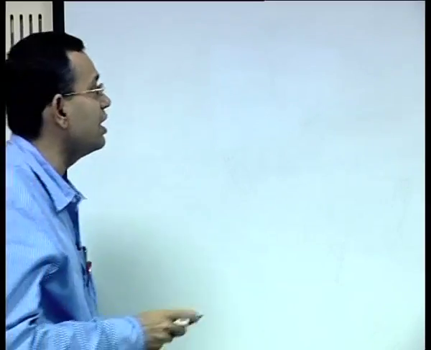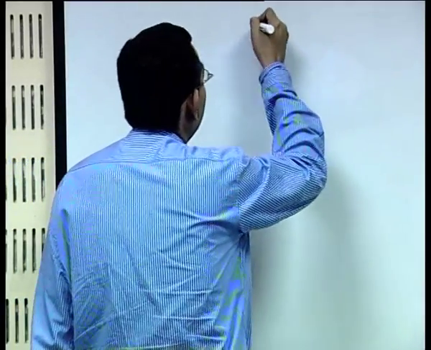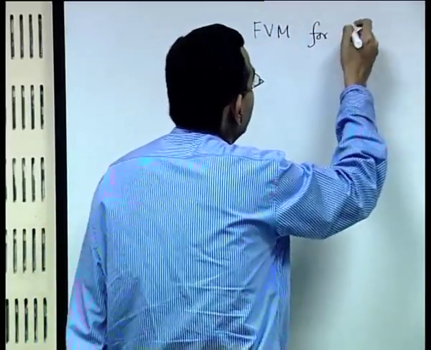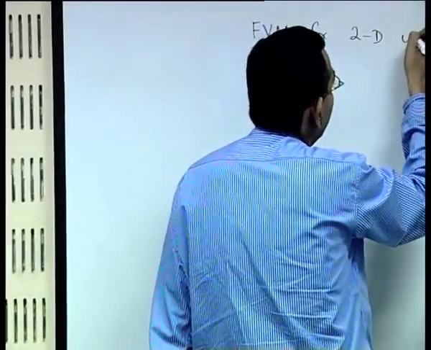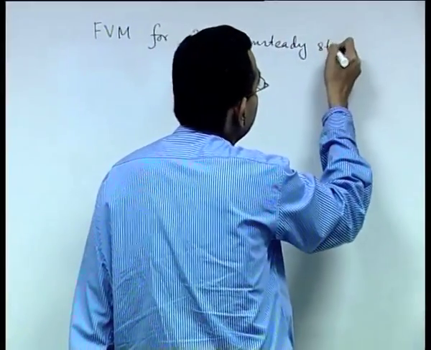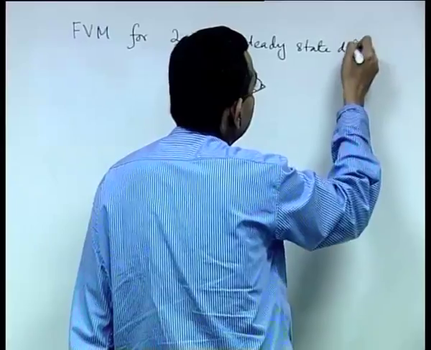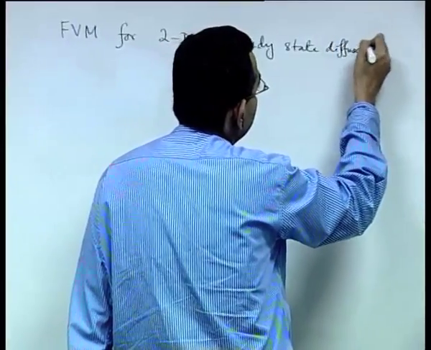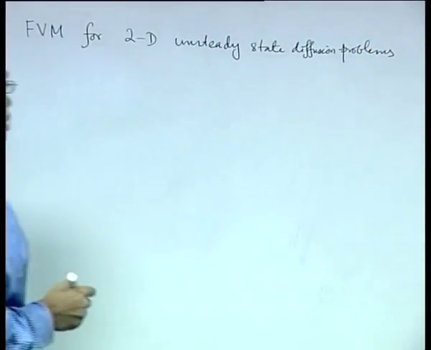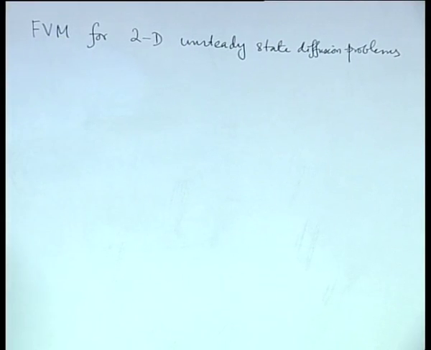We will illustrate this for the case of finite volume method for 2 dimensional unsteady state diffusion problem. So, what is our governing equation?